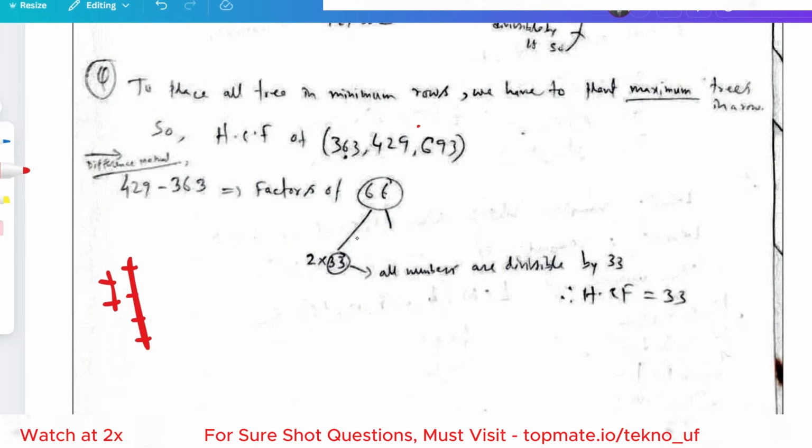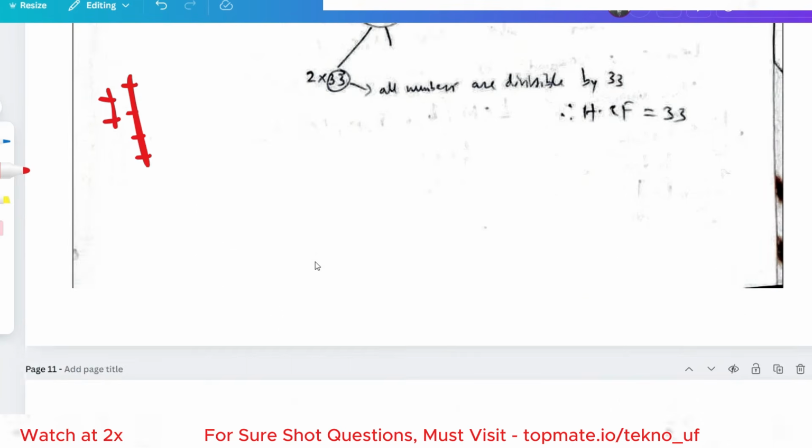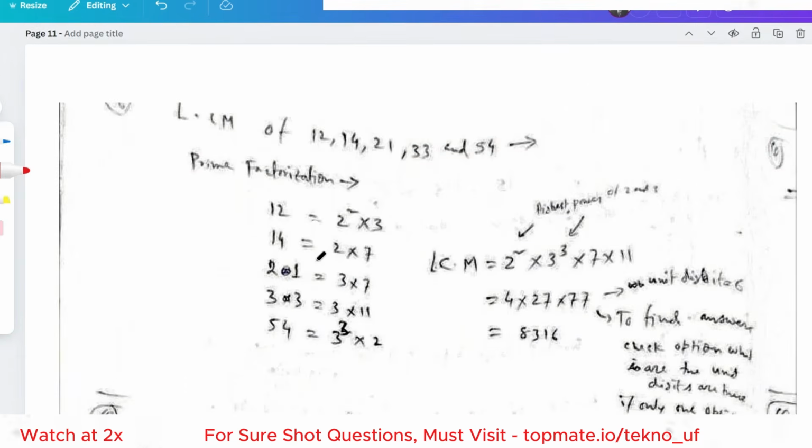Divide this as 2 into 33, and 33 can divide all these numbers, so 33 is the HCF. This is the number we can maximum plant in these two rows. This is how we can calculate all these problems.